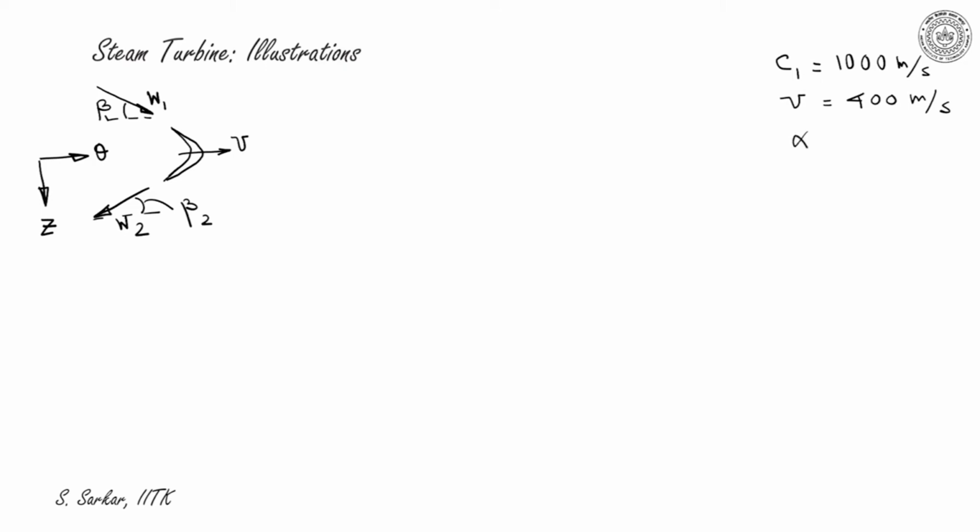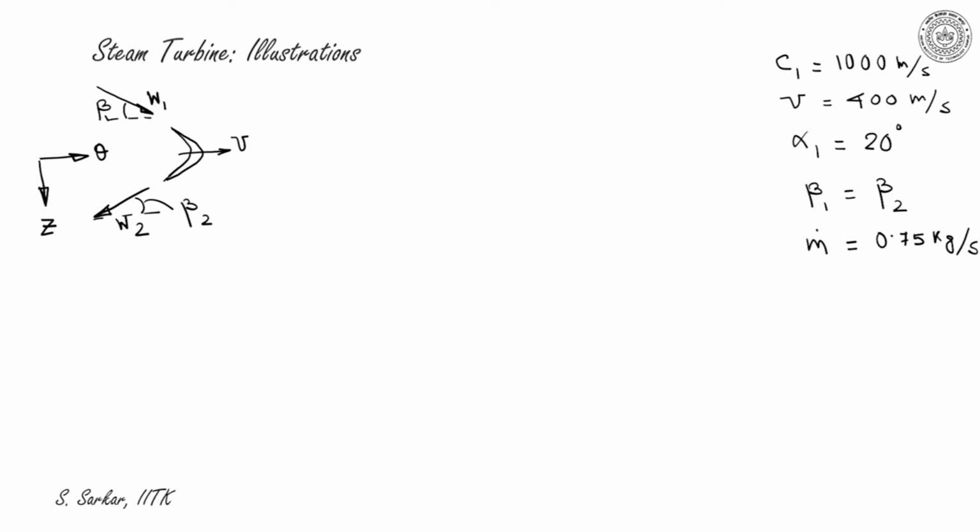Alpha 1 is 20 degree. Blades are symmetrical, hence beta 1 must be equal to beta 2. Mass flow rate to the turbine m dot is given as 0.75 kg per second. So these are the quantities given.